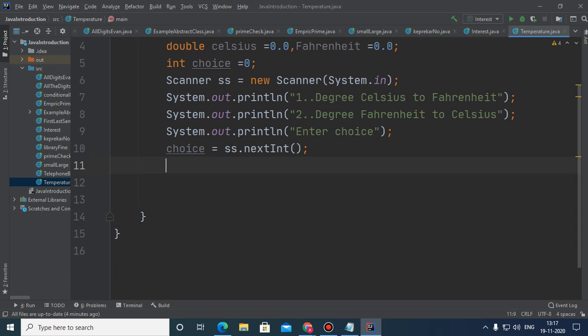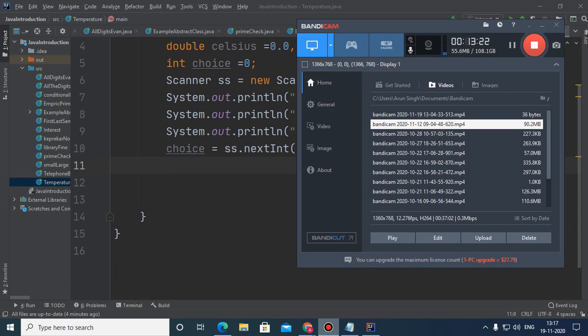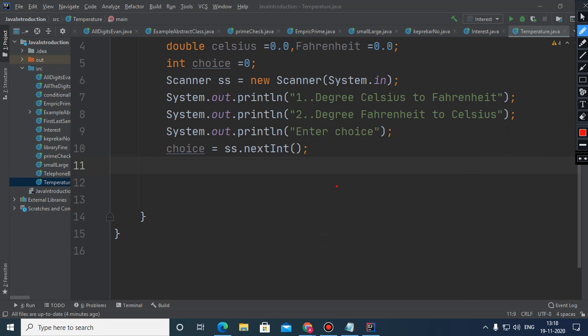Now what to do? Children, I hope you all know this formula: C upon 5 equals to F minus 32 upon 9. This is the formula.